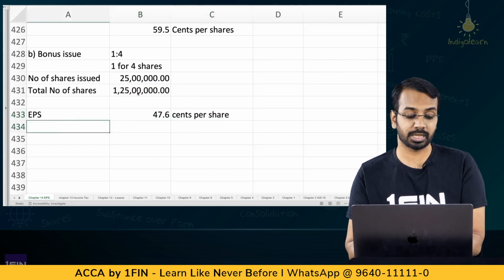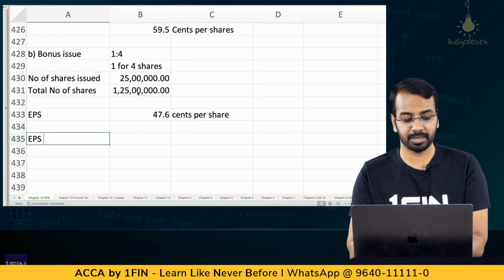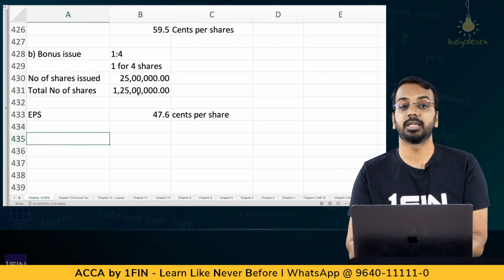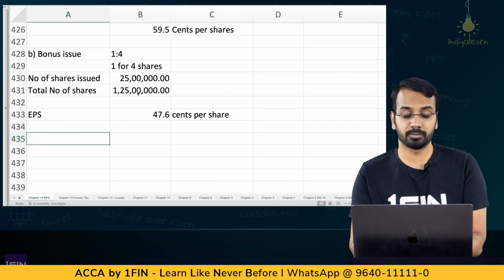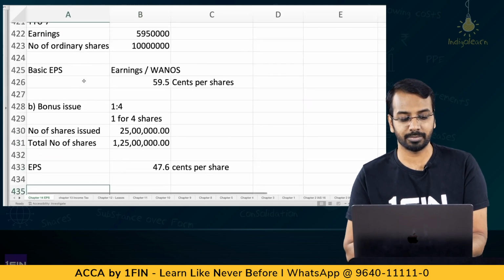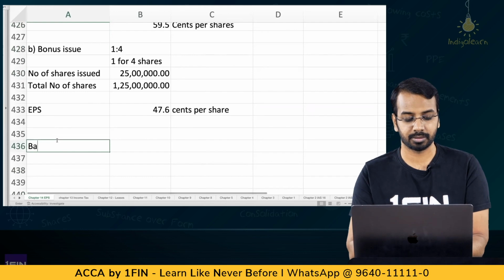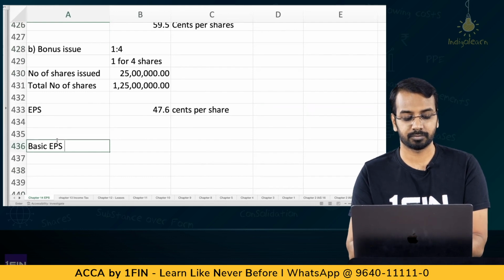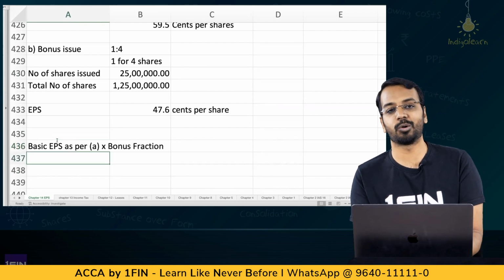Now the alternate way to do this is take the basic EPS, the first one, multiplied by the bonus fraction. Now, what is this bonus fraction?